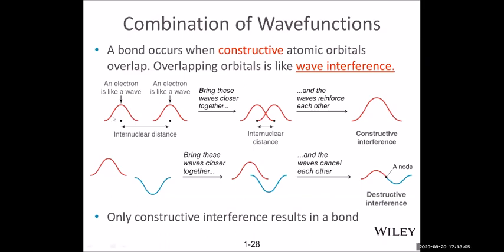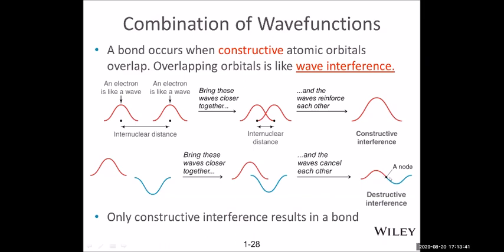When the two waves have the same sign in the same location, the wave function is reinforced and becomes stronger. When in the same location the two wave functions from different atoms have opposite signs, one positive combined with negative, then when these two come together, in between the two nuclei there will be a location where the wave function perfectly cancels out.